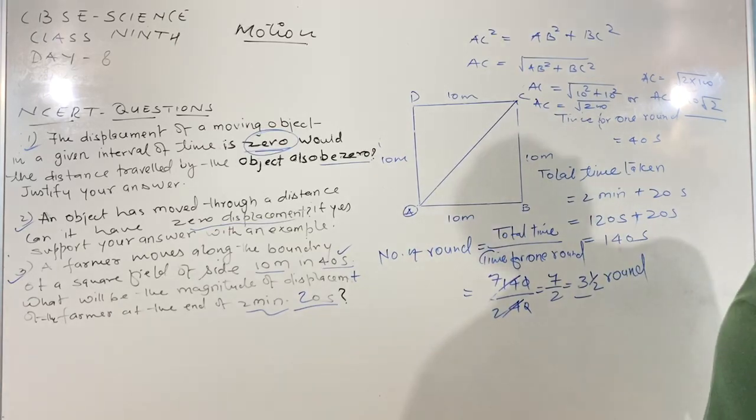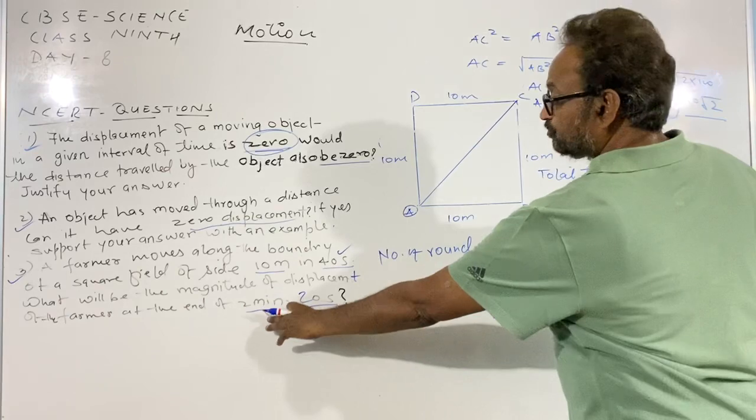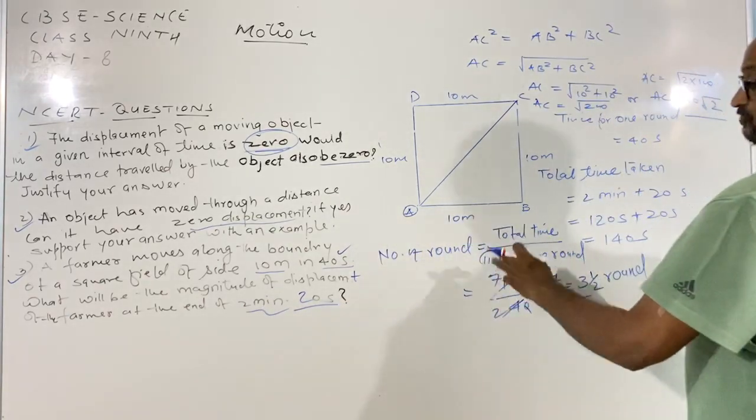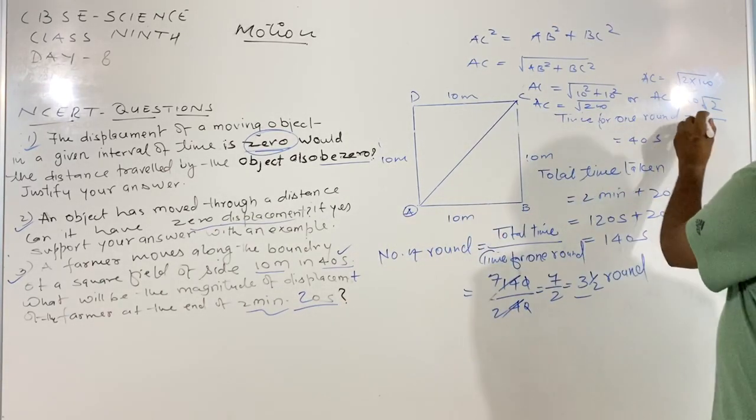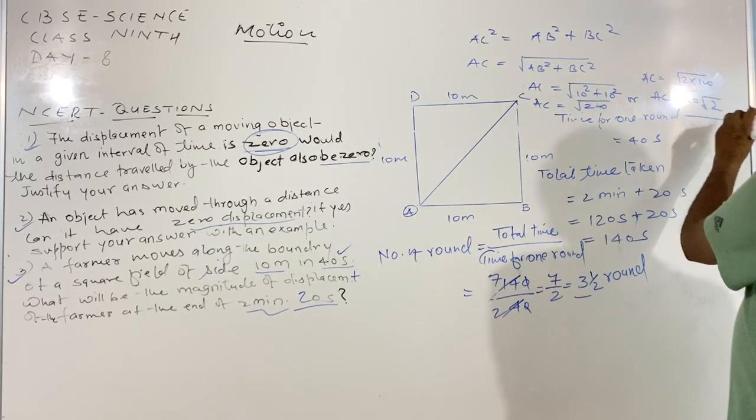So the displacement after 2 minutes and 20 seconds will be 10 root 2.